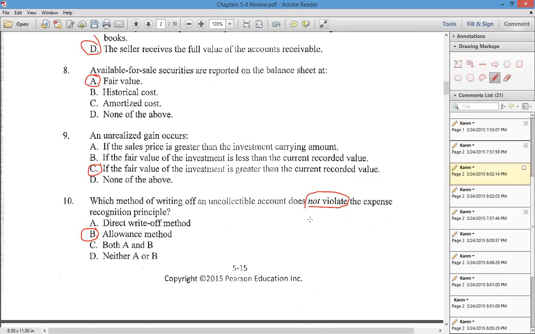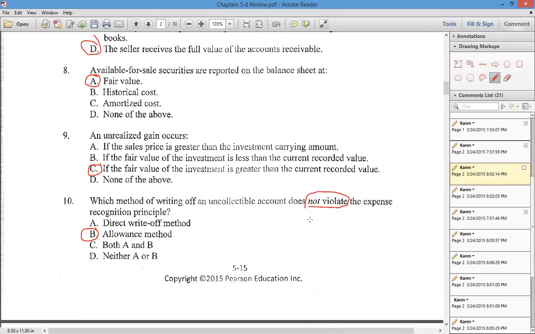The reason the direct write-off method violates the expense recognition principle is we're supposed to match our revenue up against the expenses it helps earn. That's why we do the adjusting entries for the allowance for uncollectible accounts, because by doing the allowance adjusting entry at the end of each period, we are saying, okay, maybe 3% of my accounts receivable aren't going to be collectible.